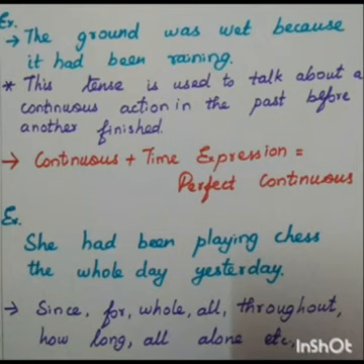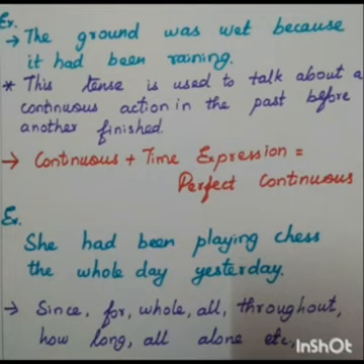Come to the next point. This tense is used to talk about a continuous action in the past before another finished action. That means that the finished action has taken place in the past. So we use past perfect continuous tense.